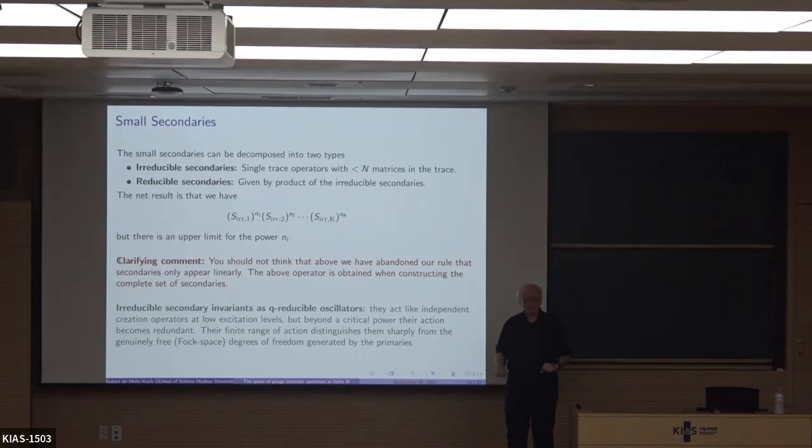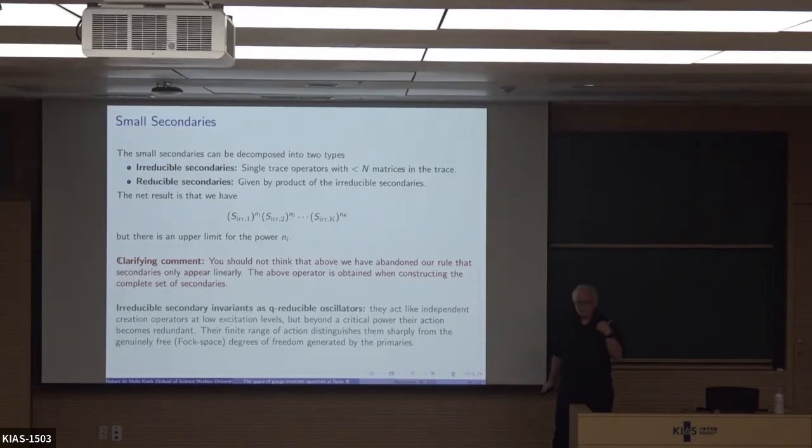Part of this dictionary is that the number of traces in your complicated operator maps to the number of particles in the holographic dual. Now, at N equal to infinity, the space of gauge invariant operators is freely generated. That means you can raise all of these single trace operators to any power, so you can have arbitrarily high occupation numbers in every single graviton state.